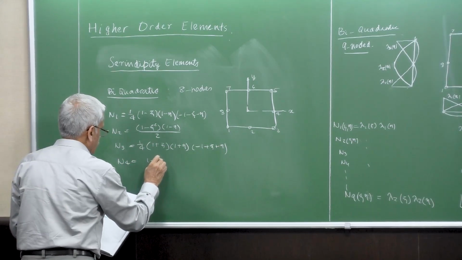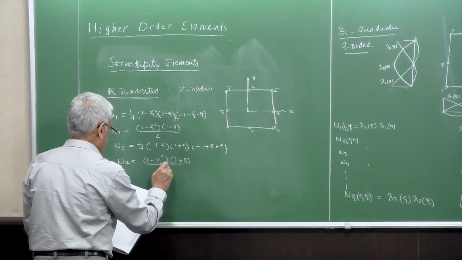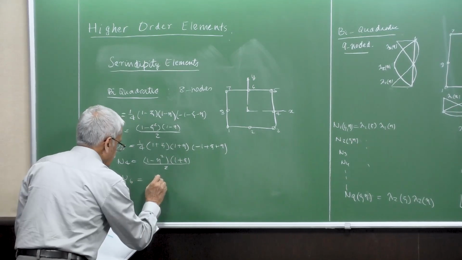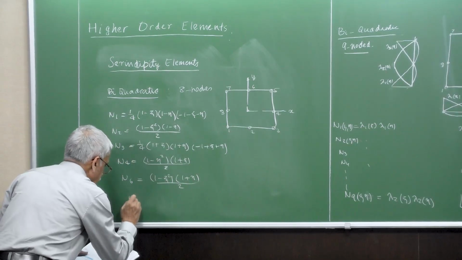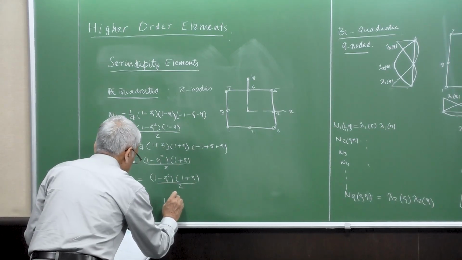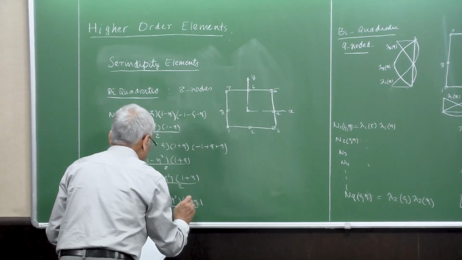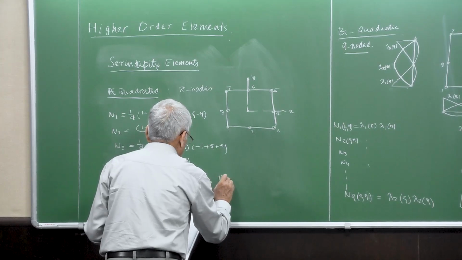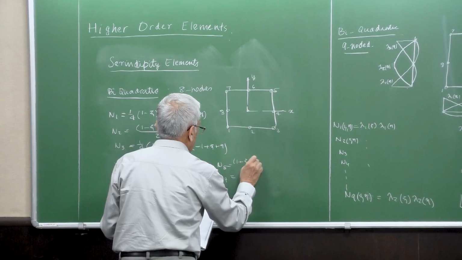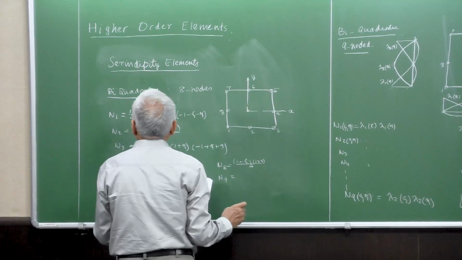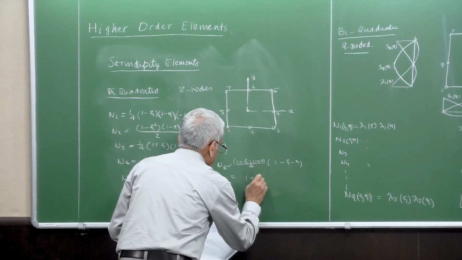And N4 is 1 minus eta square. Oh, there's also an N5 and N7 here. Yes, so similarly N7 is 1 minus xi.